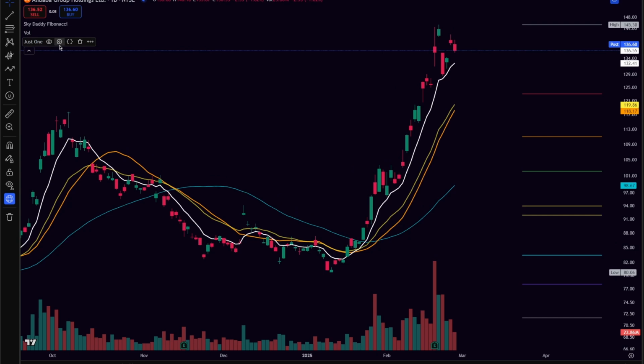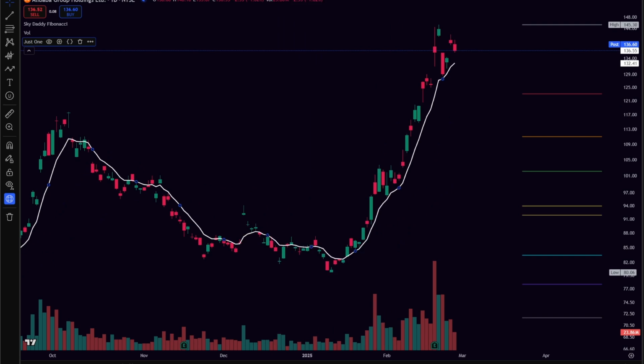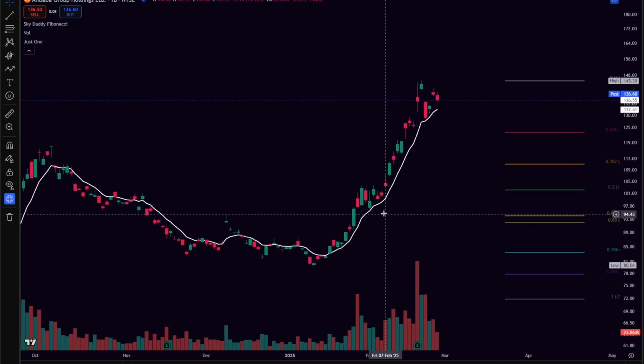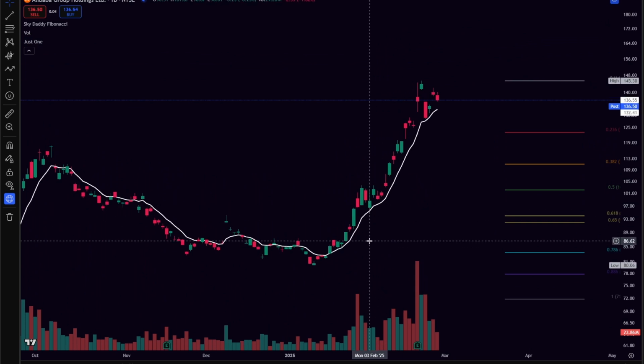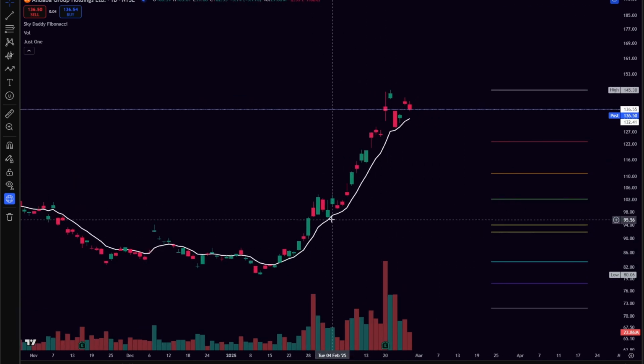So we'll just take off, because I like using the 8 EMA a lot on the daily. I'm just going to take off everything else. So I'm just going to have the 8 up. And when we're in an uptrend, I like using the 8 EMA on the daily as a possible entry if I didn't catch it down here. Retests.